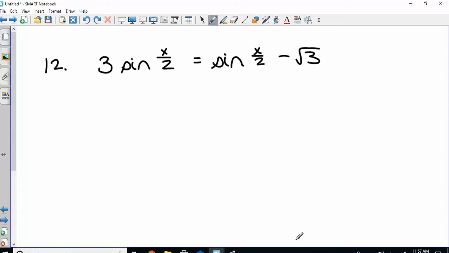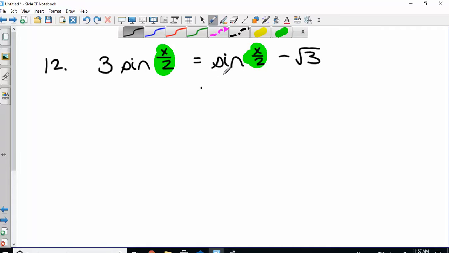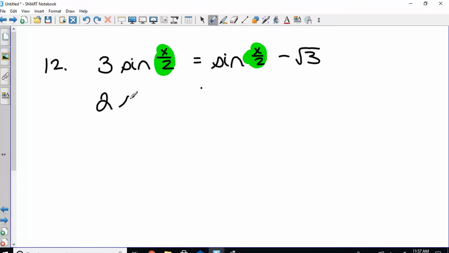Subtract sine squared over. That way you get down to, we have all the angles match, so we don't have to worry about that. Since I have sine on both sides, you want to bring it over, so if I subtract that, you get 2 sine of x over 2.